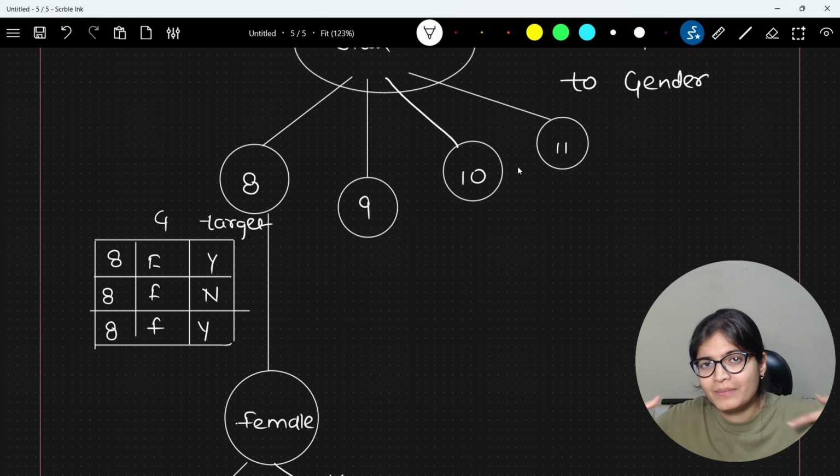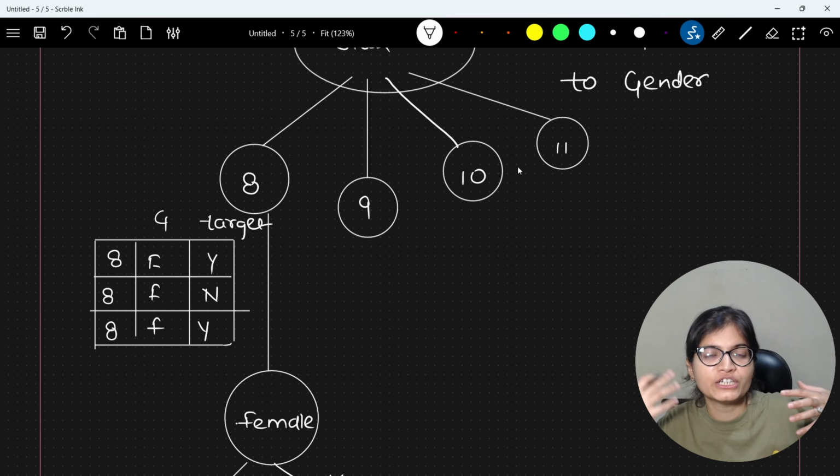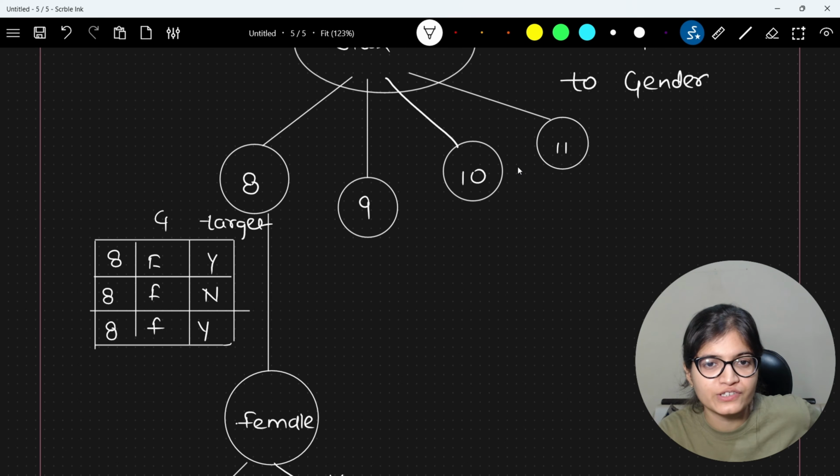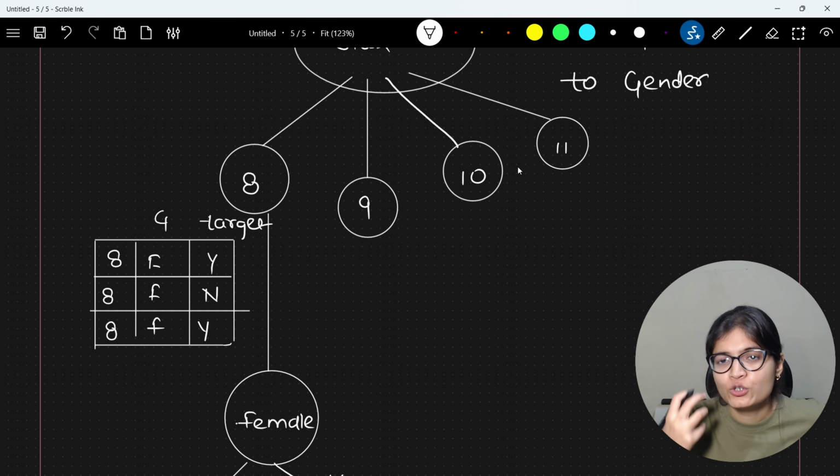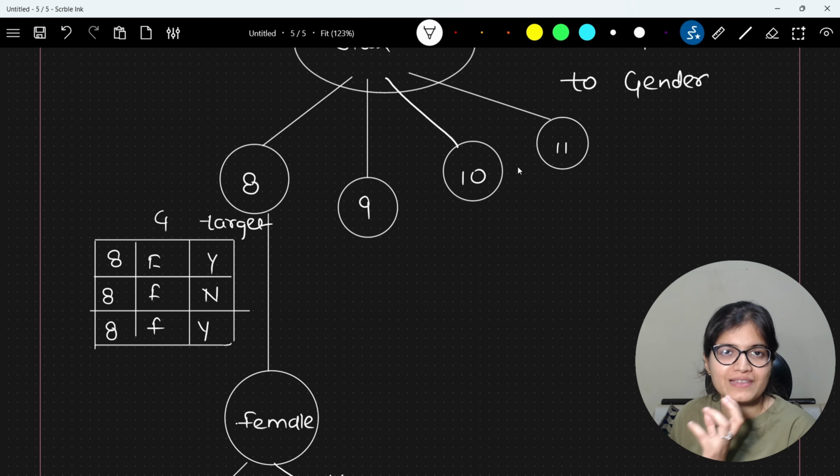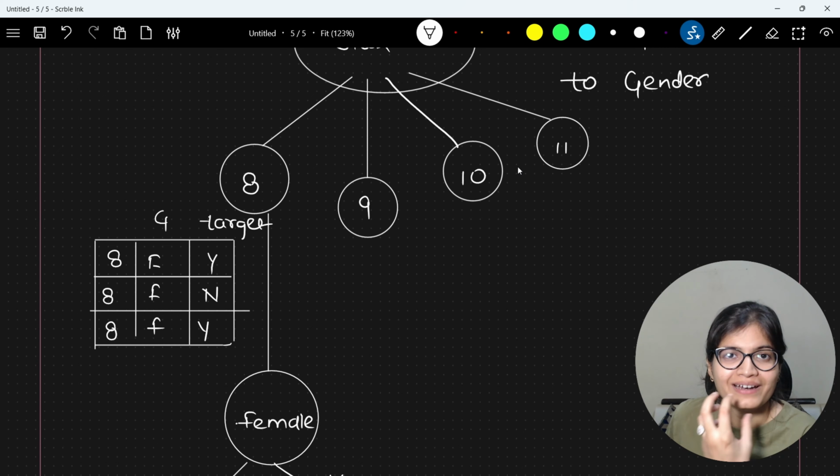Now, if you have multiple features, maybe more than 2, maybe 7 or 8 features, you will do the same task again and again for every feature to compute the value of Gini. Whichever feature is having a lower Gini value will become your next important node in the decision tree.